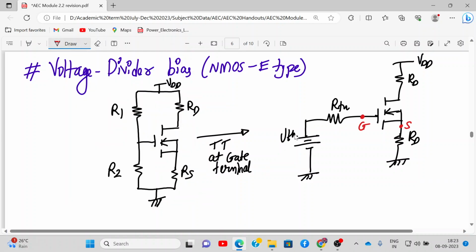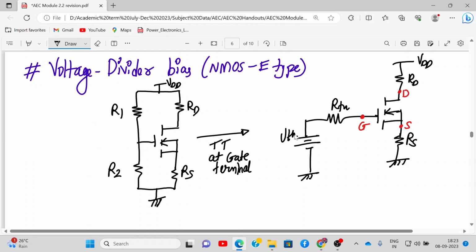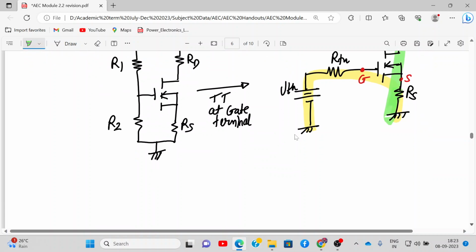This is gate, source and drain. Sorry, this is RS. Then we apply KVL in the gate to source loop, the yellow color. Then next we apply KVL in the drain to source loop. We have done this many times, so I am not repeating again.